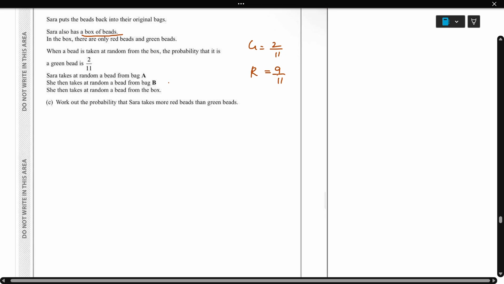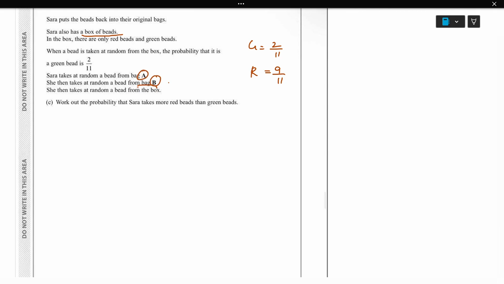Here in this question, Sarah takes a bead at random from a bag and from a box. She's taking 3. So work out the probability that Sarah takes more red beads than green beads. More red beads means at least 2 should be red, because of 3 beads taken. So the first probability is all 3 are red.